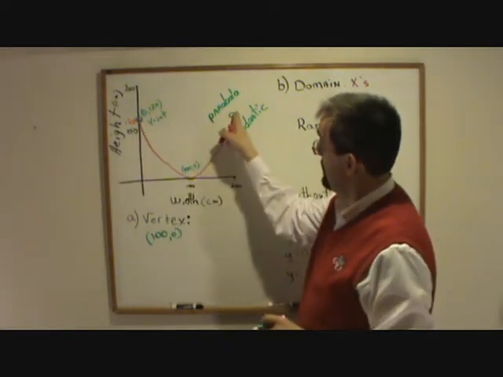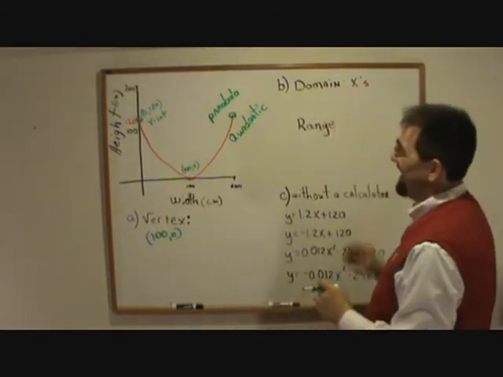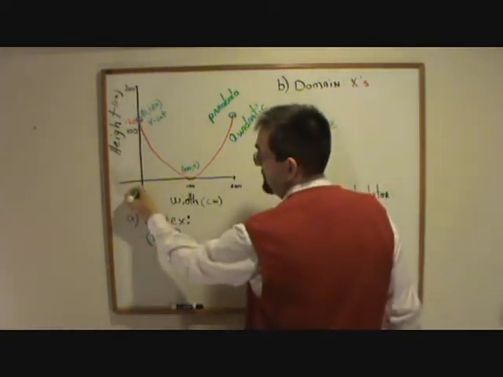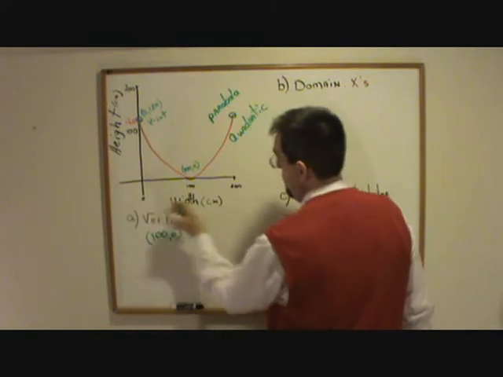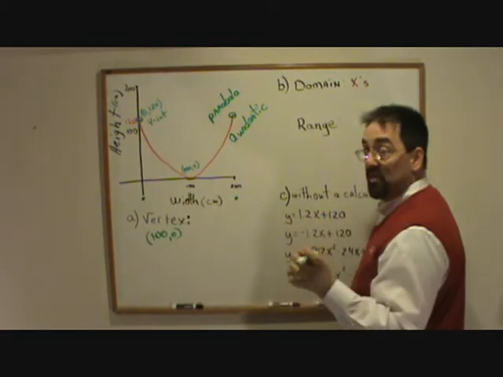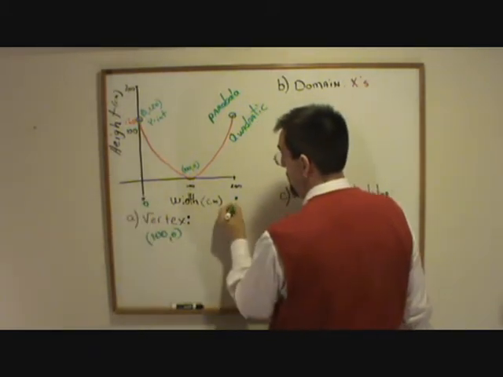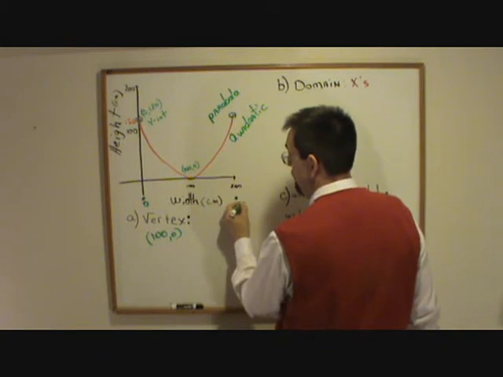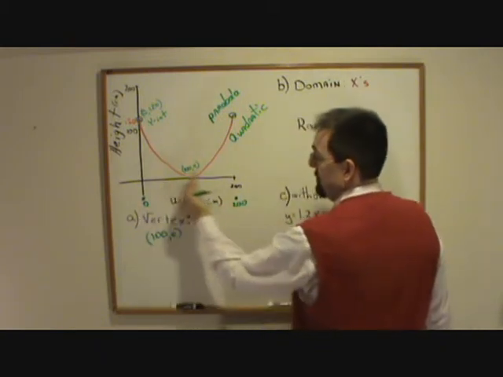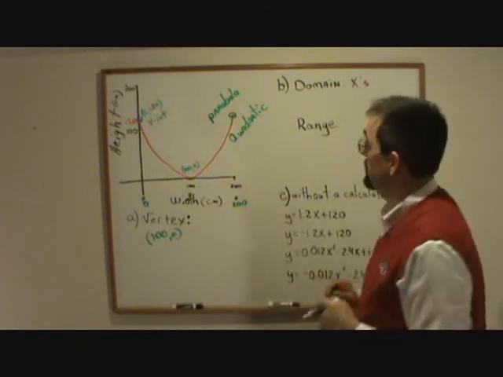From here to here, and it's kind of bowl-shaped. So the possible x's would start here up to here. This particular function only exists from 0 to 200. The possible x's that we can put into the function.